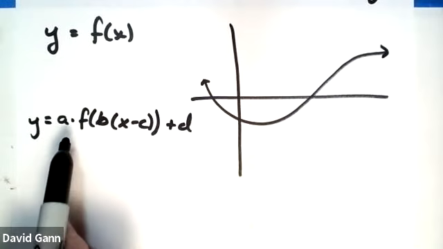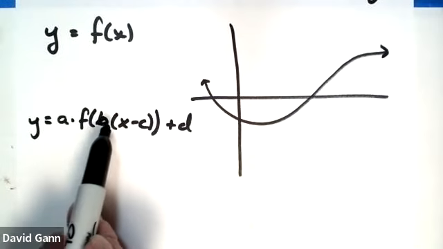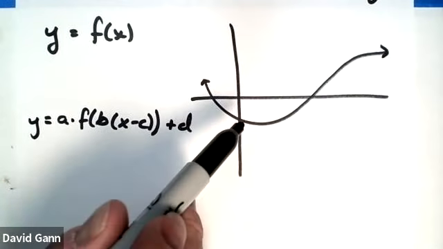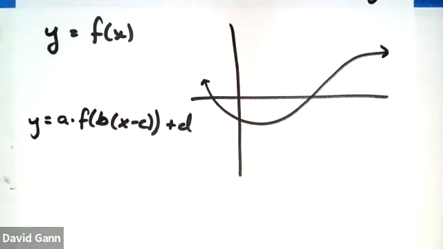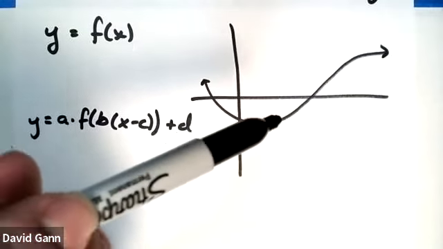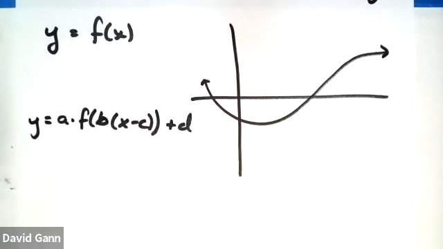Okay, so we have four different parameters, a, b, c, and d. And these will do things to this graph that they'll stretch it, they'll shrink it, they'll move it up and down, left and right. And we want to be able to describe that in a general sense using just a generic function. And then when it comes time, we're going to do that with our trigonometric functions.